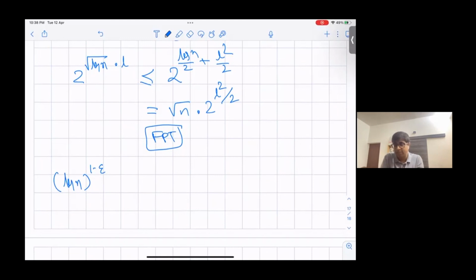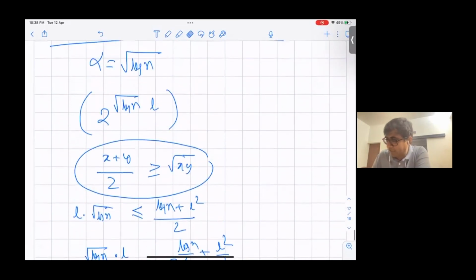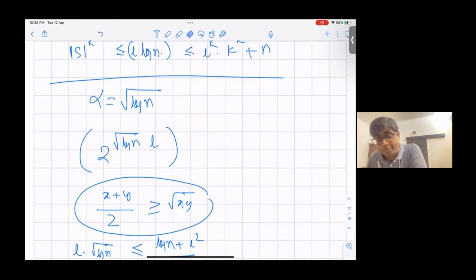Is root log n special, or will log n to the power half plus epsilon also work? I don't know. I think just after half, it starts becoming a bit more difficult. Anyway, all I'm trying to tell you is that root log n approximation is still good enough for our purpose.